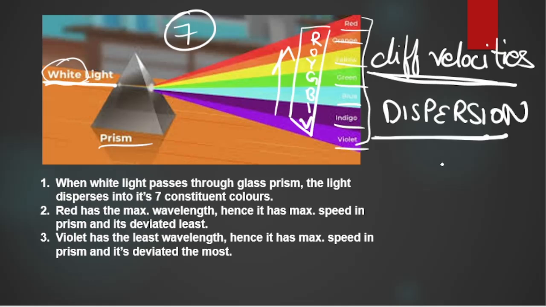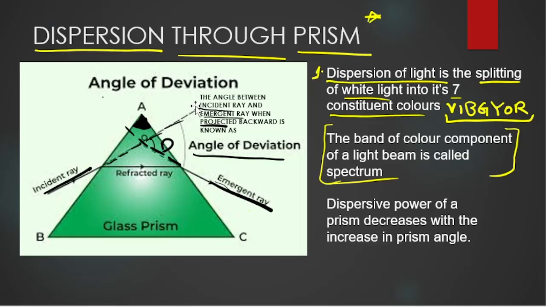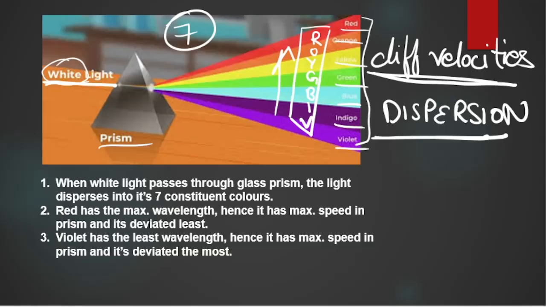This is dispersion, splitting of white light into 7 constituent colors. Please write the definition, all these definitions in your notebook. Now, when white light passes through glass prism, the light disperses into its 7 constituent colors, और आप यहाँ लिख सकते हो splitting, whatever you want.